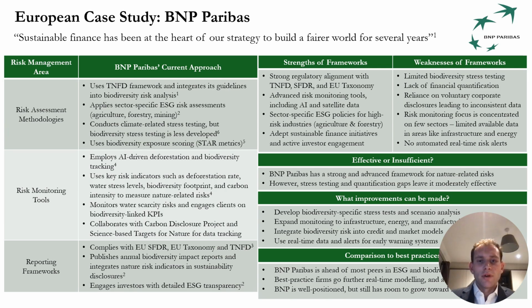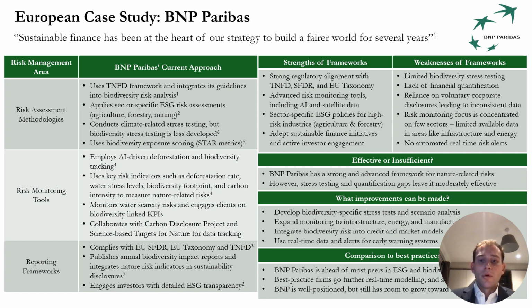One of their biggest strengths is the use of AI and satellite data to monitor risks like deforestation alongside robust investor reporting. However, their biodiversity stress testing is still in its early stages, and biodiversity-related financial impacts are not yet fully quantified.